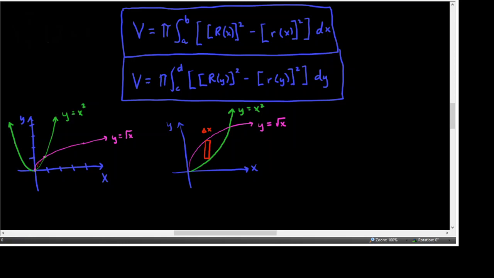Okay, so we need to find where our axis of revolution is, and it tells us, we've got to read this carefully. We're revolving about the x-axis. And so when that rectangle is revolved about the x-axis, it creates what you might think of as a cylinder, except this one has a gap between the x-axis and the green curve that's not filled up with solid stuff. So that's going to create a hole.